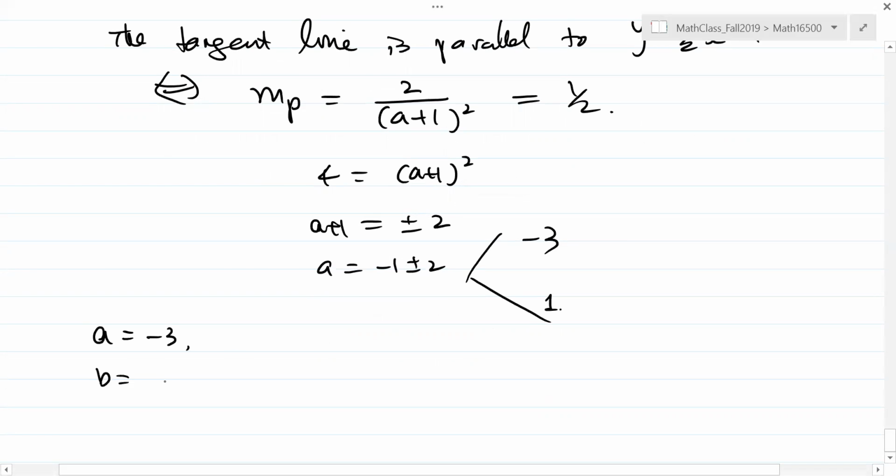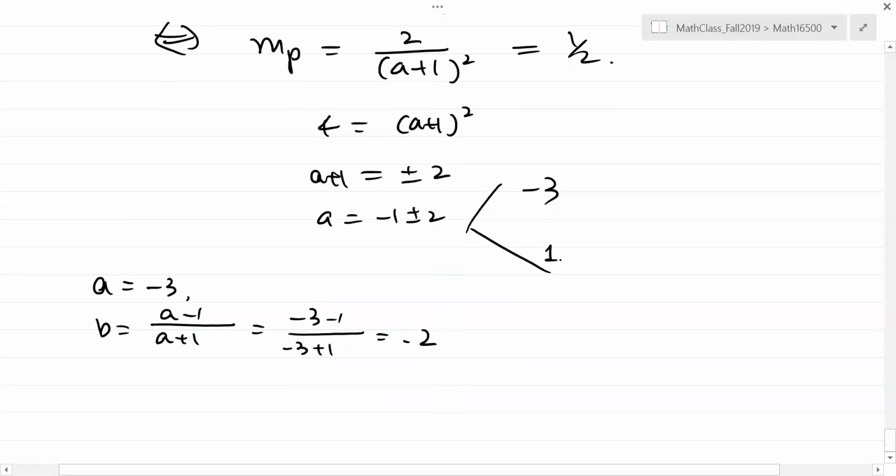And B is going to be (a minus 1) over (a plus 1), so negative 3 minus 1 over negative 3 plus 1, which is negative 2, right? B is 2. Okay, so you know the point, you know the slope. So y minus 2 is 1/2 times (x minus negative 3). This is the equation for the tangent line.